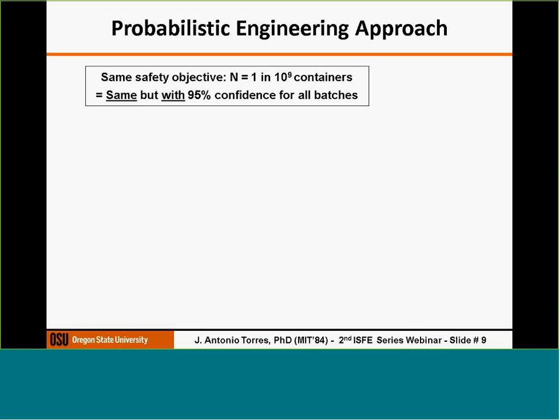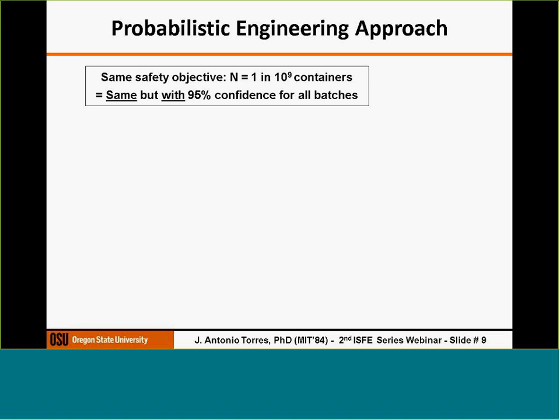So I use the probabilistic engineering approach to solve the same simple thermal processing situation. So the same safety objectives, those things imposed upon us by some regulator. So we keep 1 in 10 to the 9 containers as a process objective.